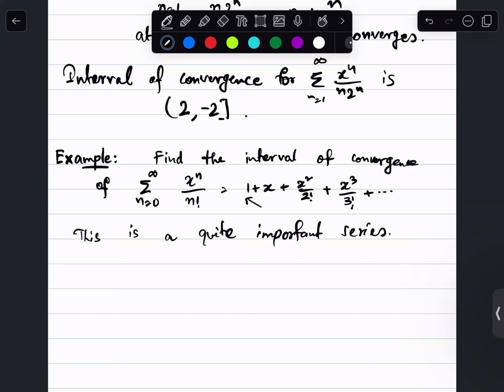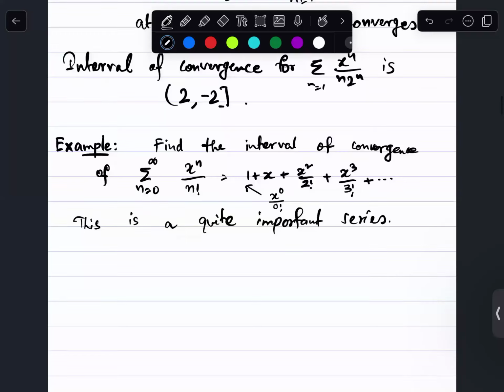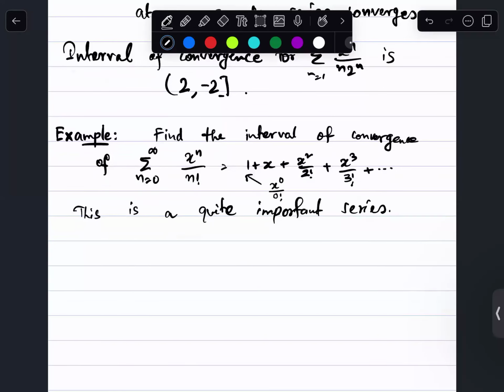The first term 1, I got it from x to the 0 over 0 factorial. So 0 factorial is basically 1. So that's how I got the first term as 1.